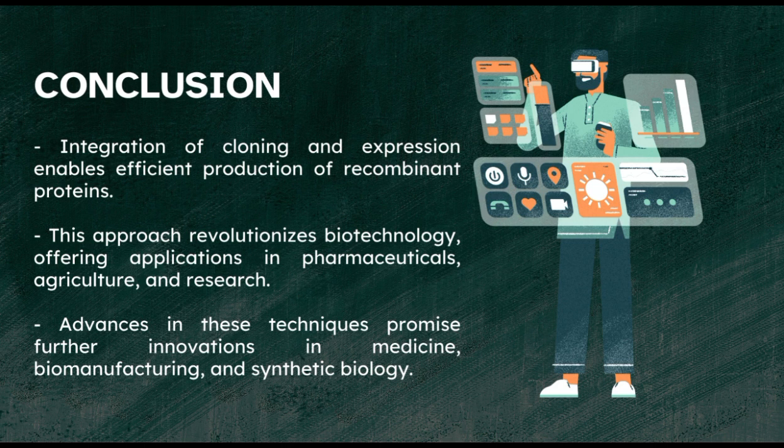Additionally, in agriculture, the ability to express specific proteins in crops can enhance their traits, such as resistance to pests or tolerance to environmental stresses. Moreover, in research, the rapid and efficient production of recombinant proteins facilitates studies on protein structure, function, and interaction, advancing our understanding of biological systems.